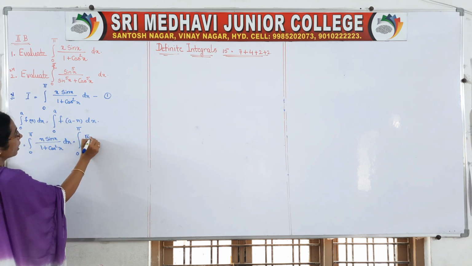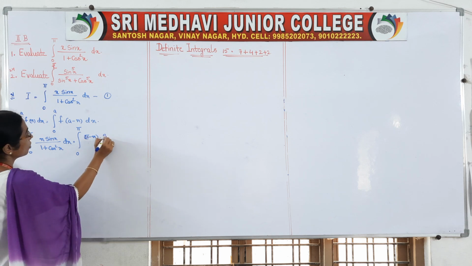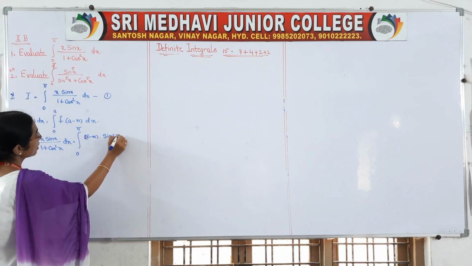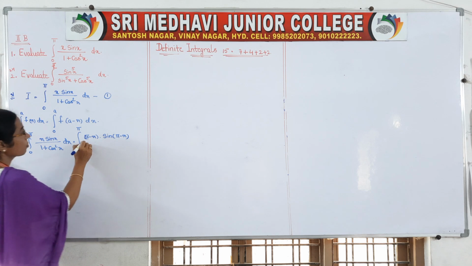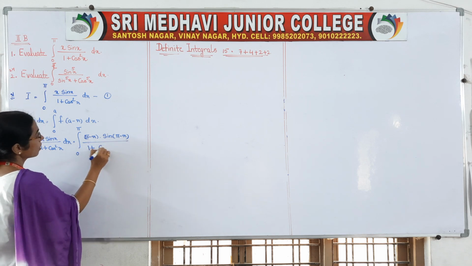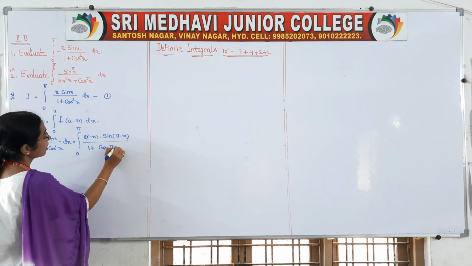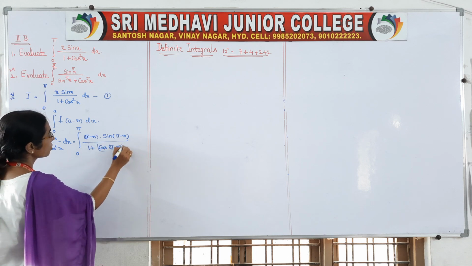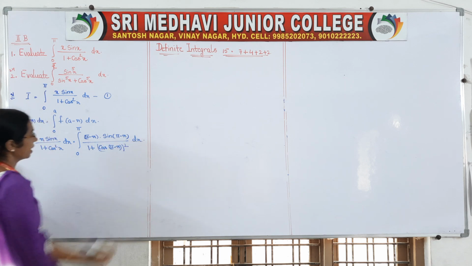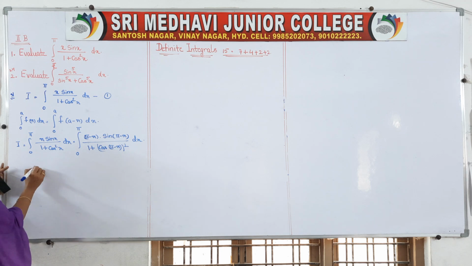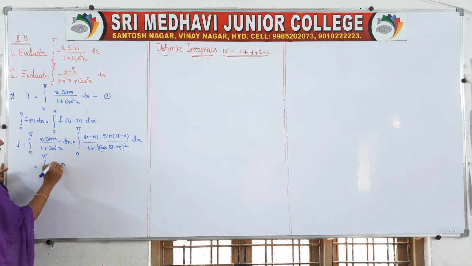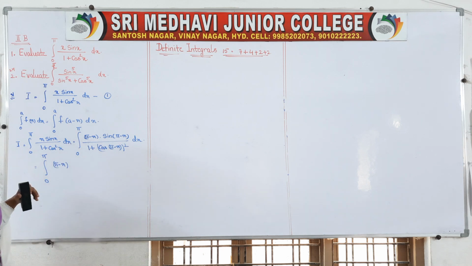So it is pi minus x into sine of pi minus x by 1 plus cos of pi minus x whole square into dx.